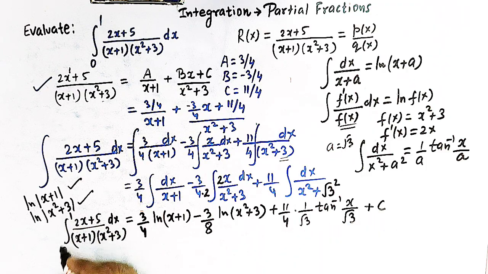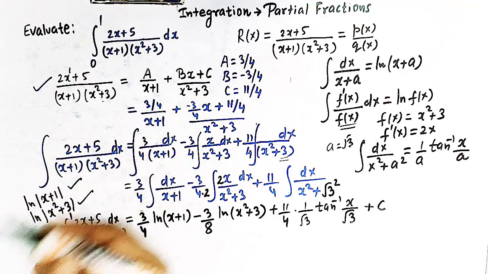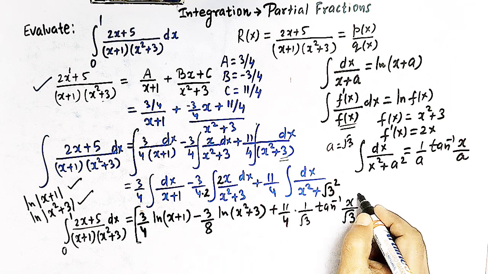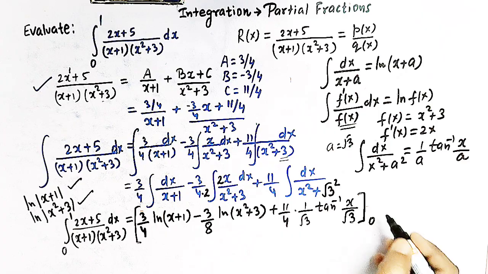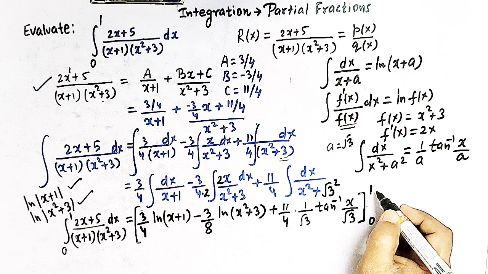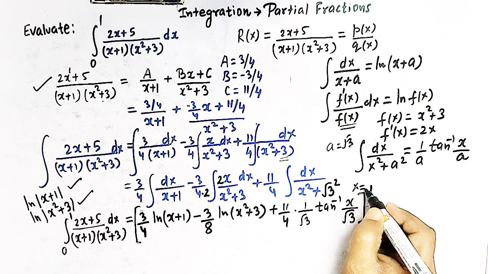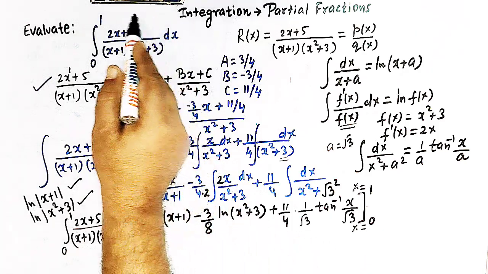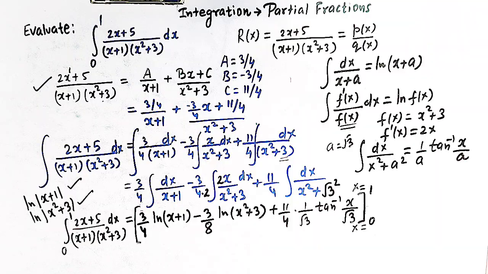And when we have to find out the definite integral, then we have to discard this constant of integration, because we have to simply substitute the limits, and take the difference. So first we'll take x is equal to 1 in this expression, and then we'll take x is equal to 0 in this expression, and then we'll take the difference to get the required value of this definite integral.